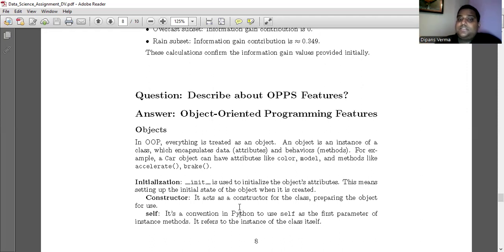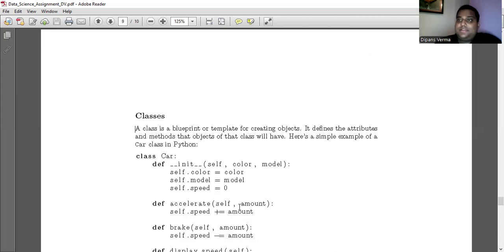It refers to the instance of the class itself. Okay, so I hope everybody is getting it. So for initializing, you put self as the first parameter to point out your parameters at the initial level.